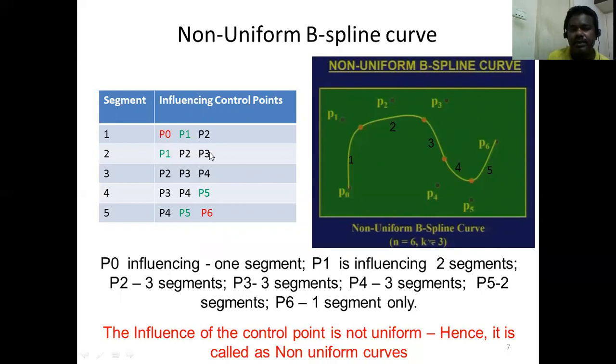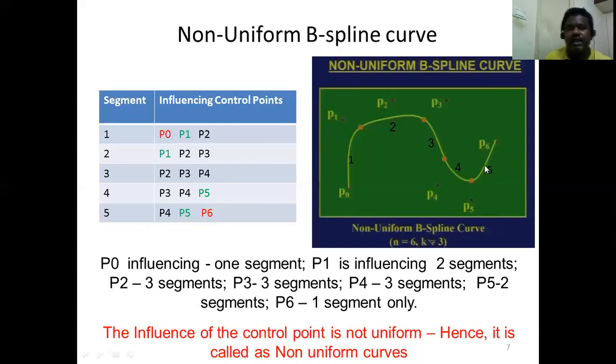P1, P2, P3 influence segment 2. Similarly, for segment 3, the points 2, 3, 4 influence the shape of the segment. Likewise, I can write segment 4 and segment 5. For segment 5, the 3 consecutive points are P4, P5 and P6, which influence segment 5.